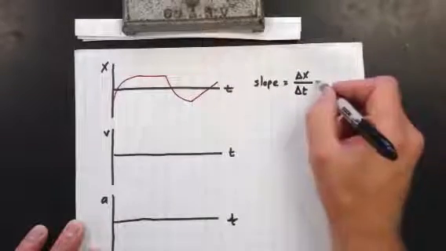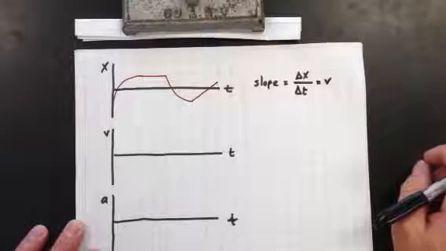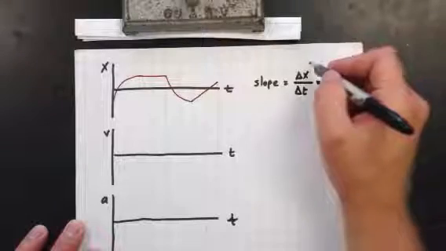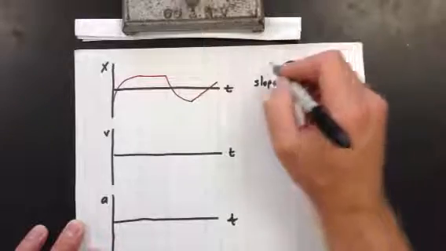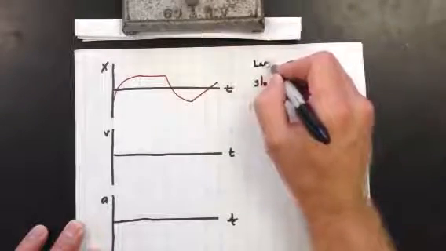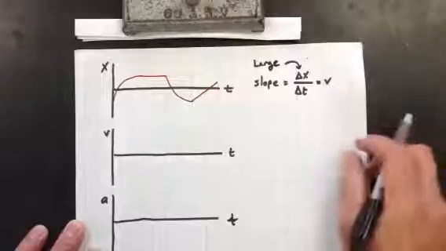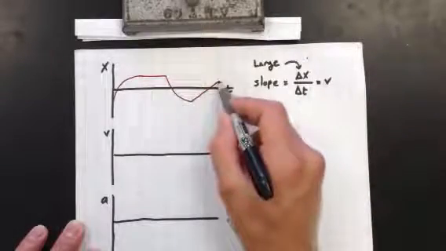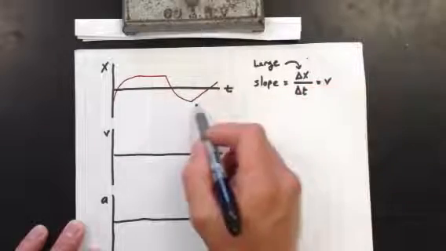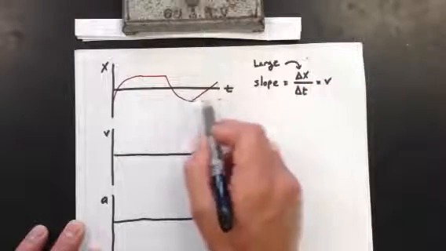Now we know that that is velocity. And this symbol delta right here stands for a large change. So it's very easy to see when we have a constant slope here.